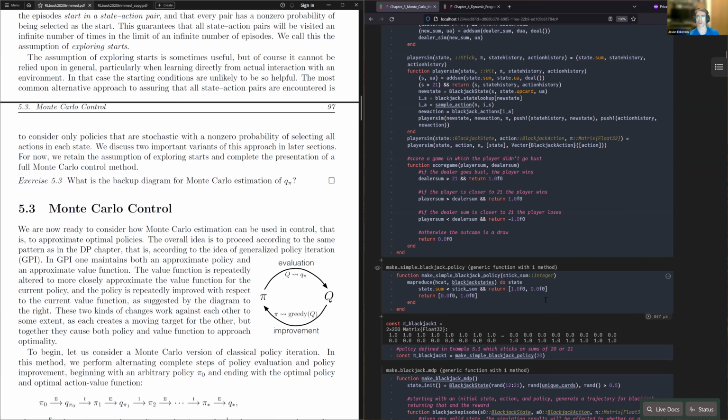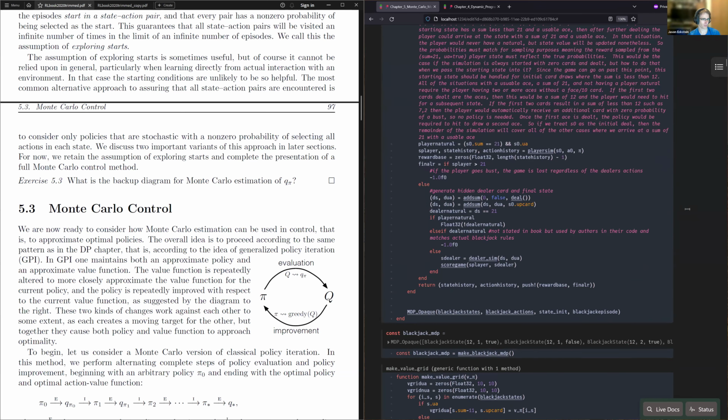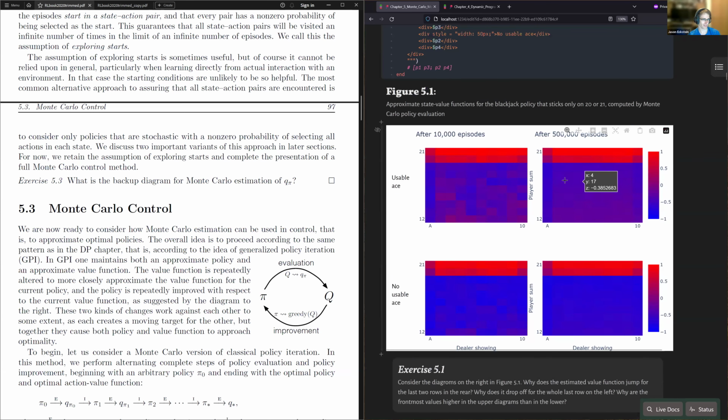You have to know, if you're in this particular state with this sum, what is the probability that if you hit, you'll win or lose or draw. So you need each of those probabilities. And the way I would calculate it is probably by simulating it and collecting samples, which ends up defeating the whole purpose of having that function, because we're going to have to collect samples anyway doing this.